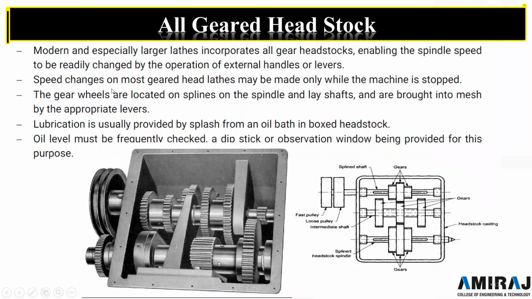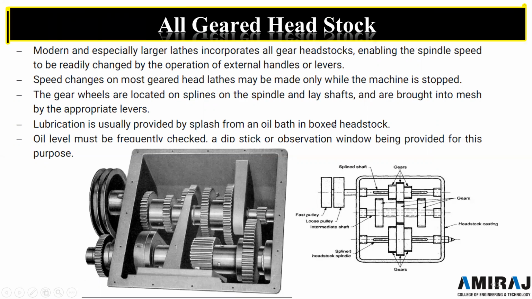Speed changes on most geared head lathes may be made only while the machine is stopped. स्पीड चेंज, वो तो मालूम ही होगा आपको, गाड़ी चलाते होंगे तो कार के अंदर जो गियर हैं वो क्लच करके ही चेंज करने पड़ते हैं. अगर क्लच ना हो तो गियर चेंज कब कर सकते हैं, जब कार रुकी हुई हो. ठीक है, वर्किंग कंडीशन में हम गियर चेंज नहीं कर सकते.